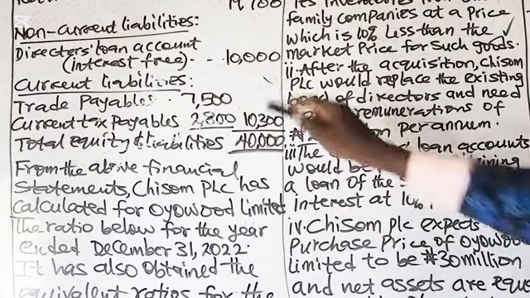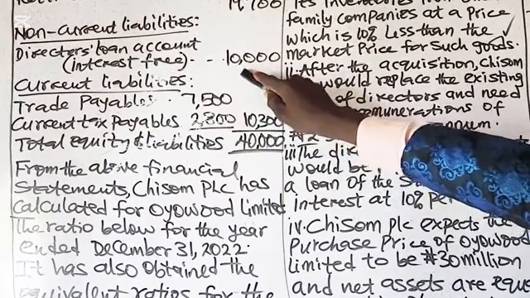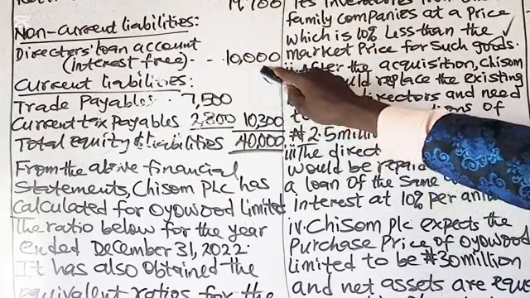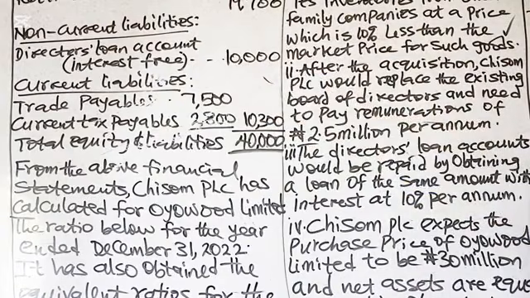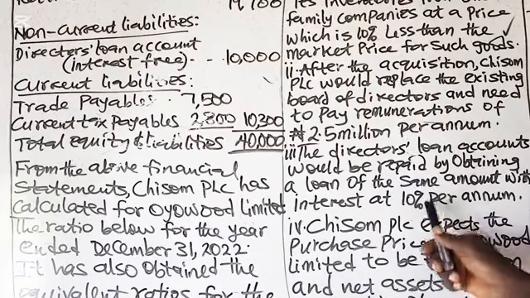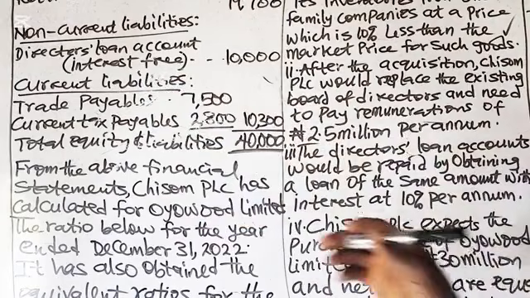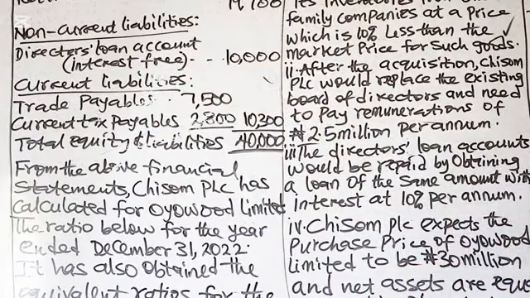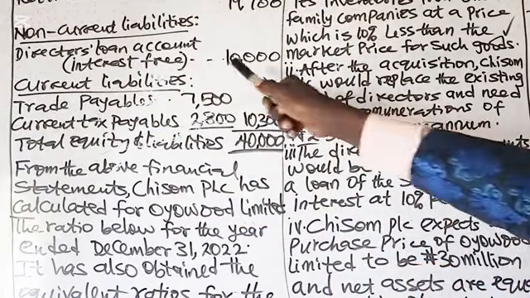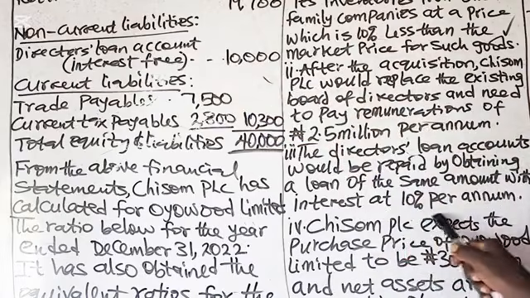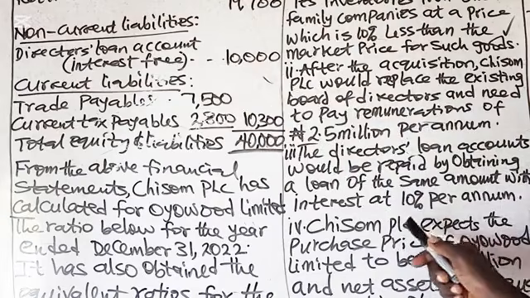That means the loan that will be obtained will be 10 million. The interest rate on that loan will now be 10%. Remember, the existing loan is interest free, but the loan that will be obtained in place of the interest free loan will attract a coupon at the rate of 10%.